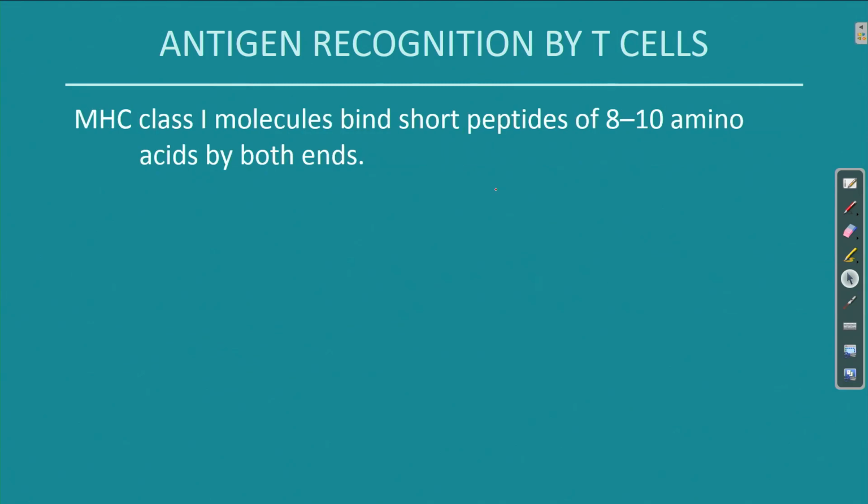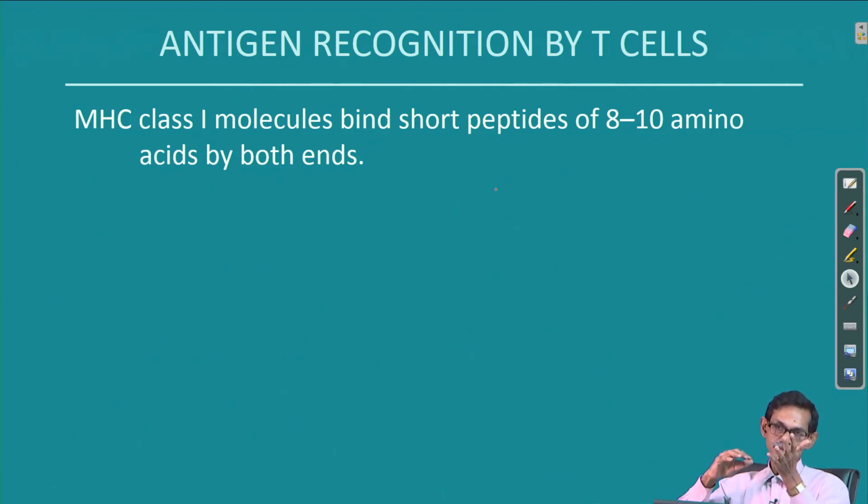Okay. Now the number. So MHC class 1 molecule binds a shorter peptide in comparison to the MHC2 molecule. How short is it? It can bind 8 to 10 amino acids.